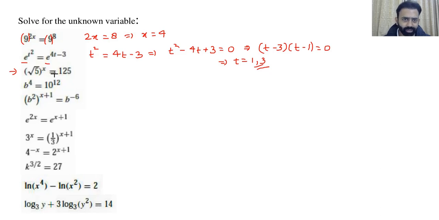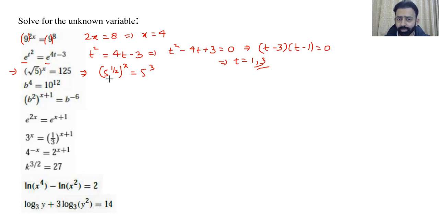So we can write 125 as 5 cube, and the square root of 5 can be written in exponent form as 5 raised to power half. So I'm writing this equation as 5 raised to power half, raised to power x, which is my square root of 5, is equal to 5 cube.